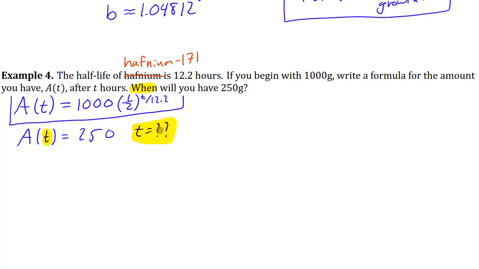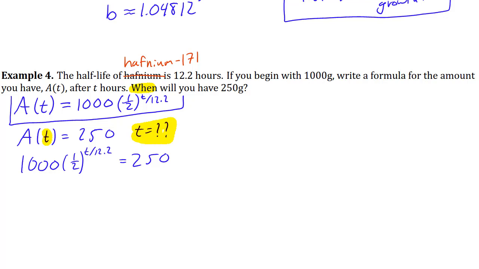So I'm going to write the formula for A of t as 1,000 times 1/2 to the power t over 12.2. So this is the equation we want to solve to try to find t.